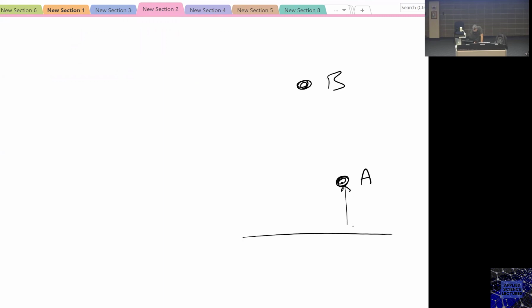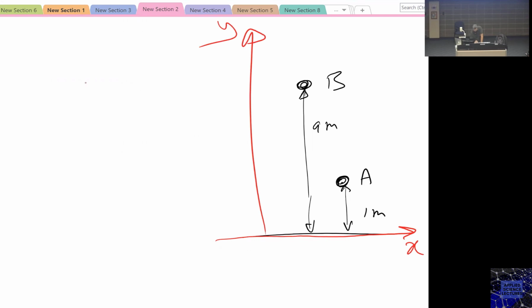So this is 1, this is 9. So if I put my coordinates here, and I find the kinetic energy and the gravitational potential energy for both of them.